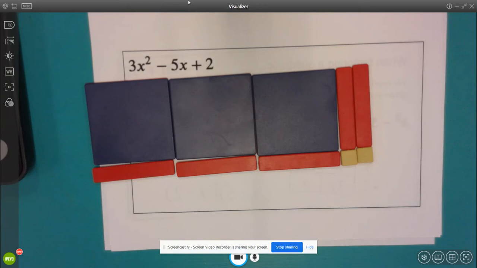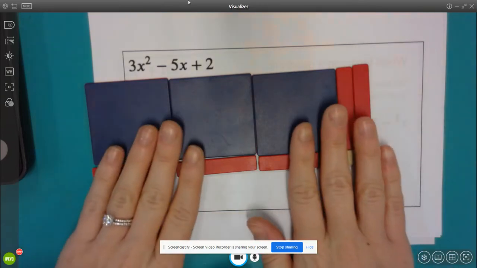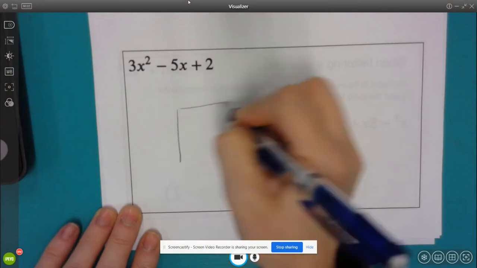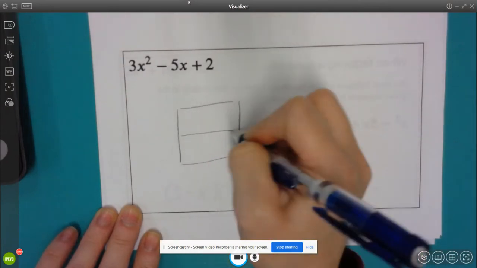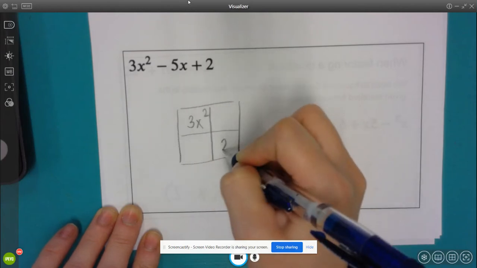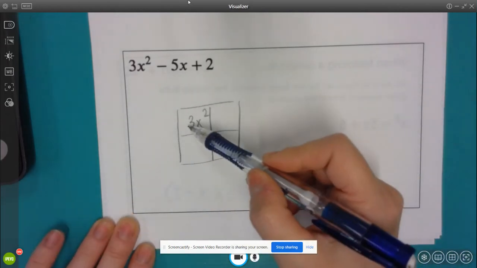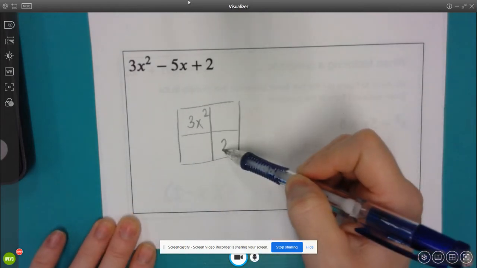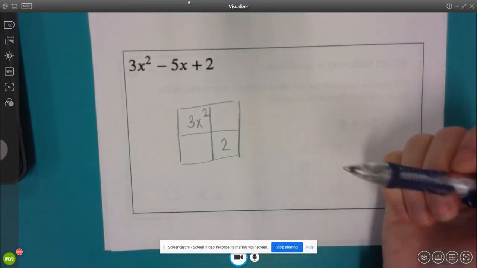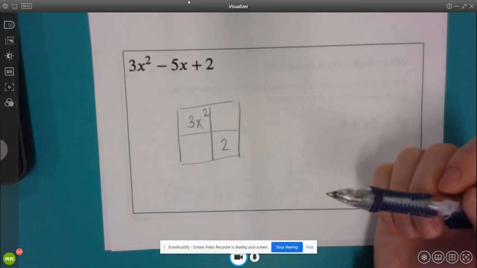Now I realize you're not going to always have algebra tiles. So I'm going to show you how to get this visual representation without actually having algebra tiles. So I have 3x squared here and 2 here. And somehow I have to use those two values to get me a number that's going to get me negative 5.